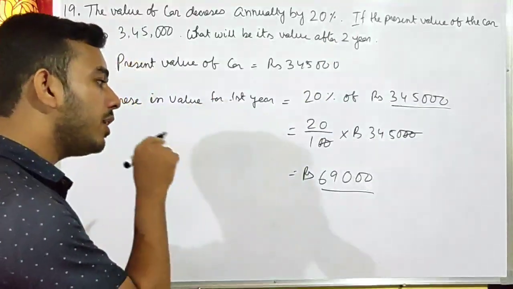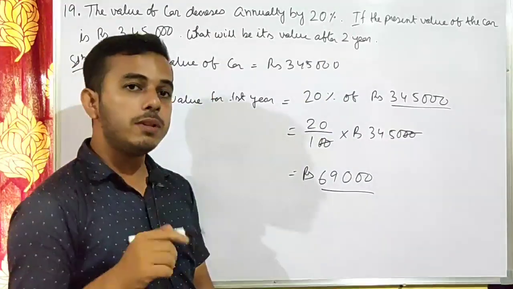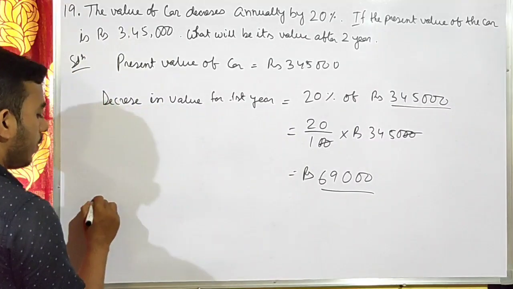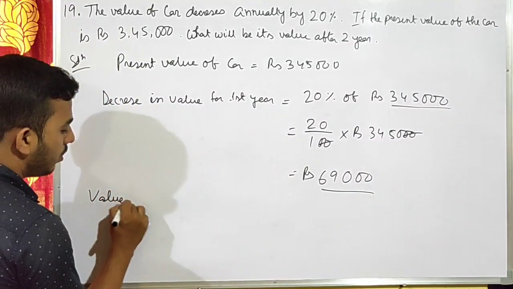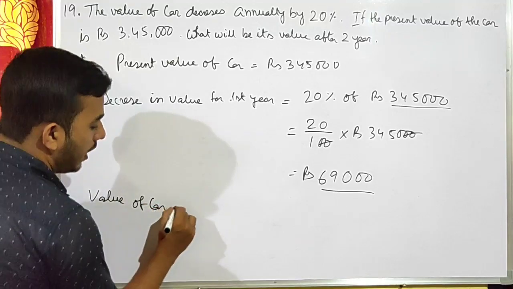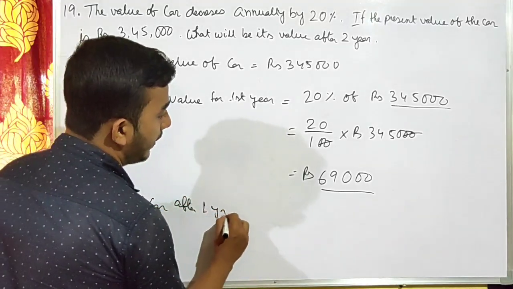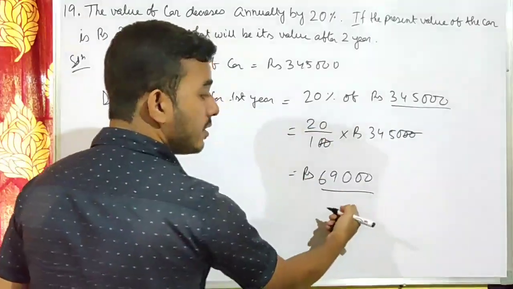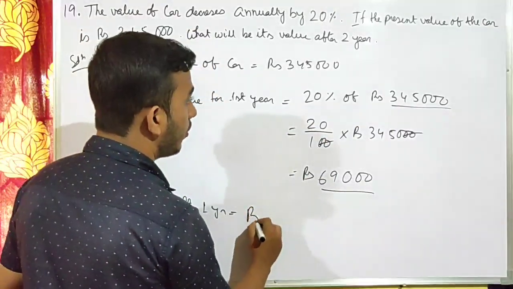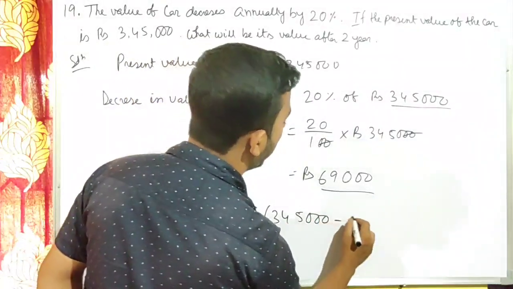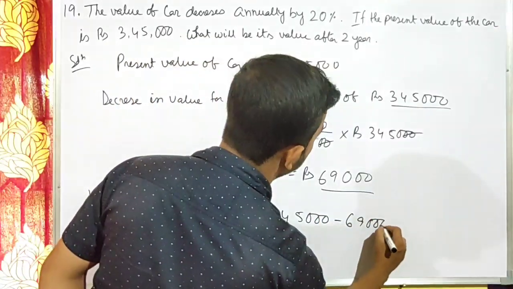So if this amount decreased in the first year, what will be the value of that car after 1 year? We'll write value of car after 1 year. It will be this amount minus this amount, isn't it? ₹345,000 minus 69,000.